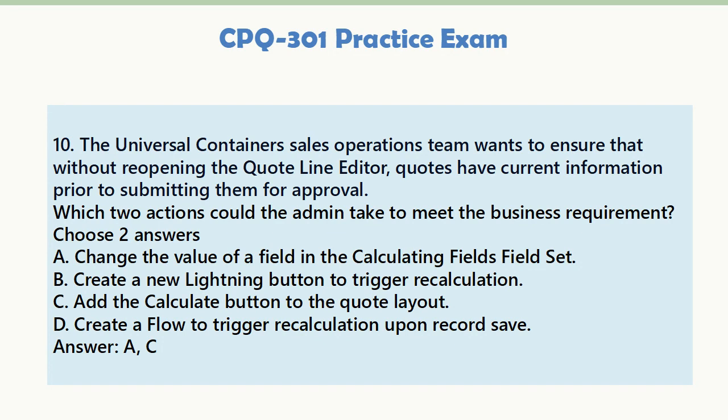A. Change the value of a field in the Calculating Fields field set. B. Create a new lightning button to trigger recalculation. C. Add the Calculate button to the quote layout. D. Create a flow to trigger recalculation upon record save. Answer: A, C.